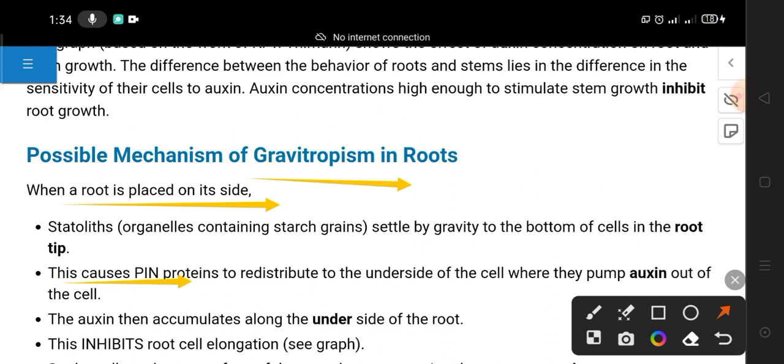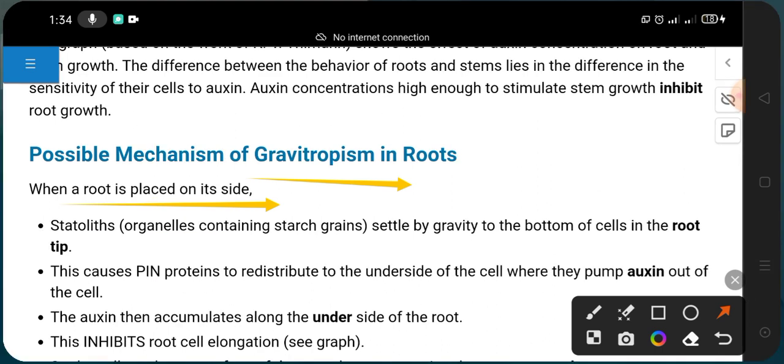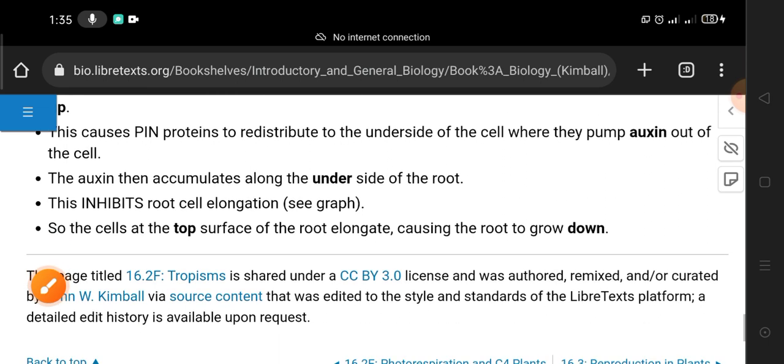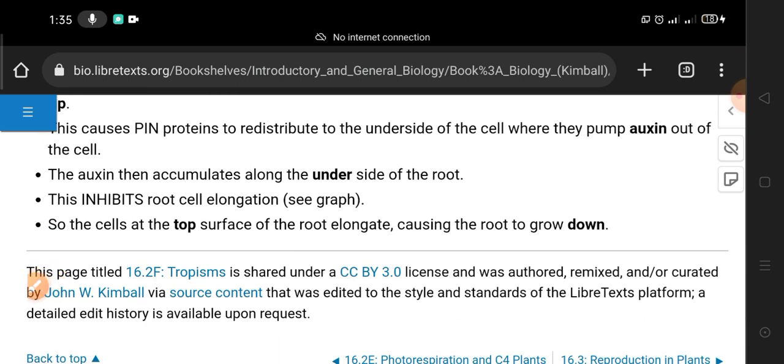This causes PIN protein to redistribute to the underside of the cells, where they pump auxin out of the cell. The auxin then accumulates along the underside of the root. This inhibits root cell elongation, so the cells at the top surface of the root elongate, causing the root to grow down.